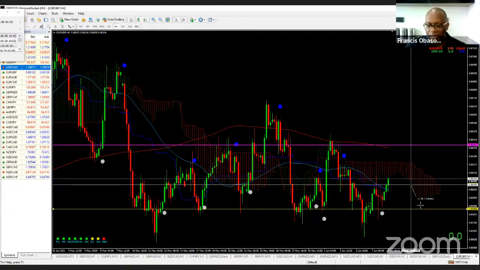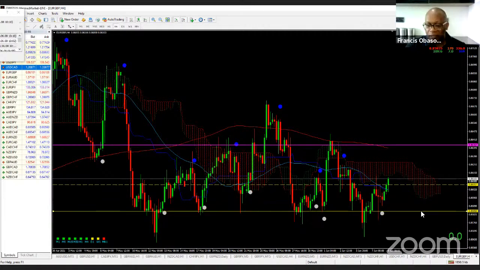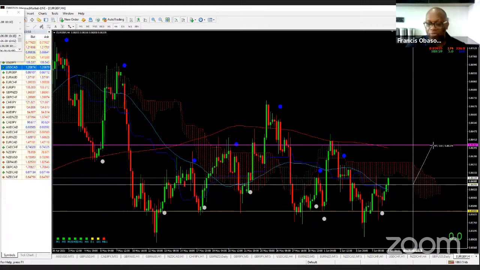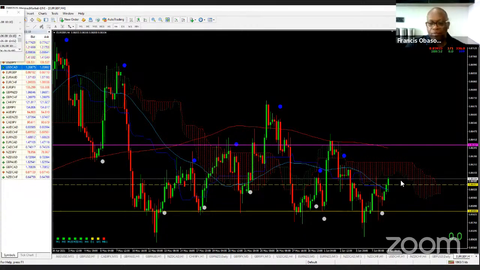If I was to enter here, about 18 pips, let's make it 20, going for about 30. That'll be good. So I'm going to keep this on my radar as well. Euro pound. I'm sure with all these trades we are watching, Euro pound now has been added.